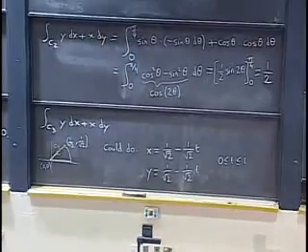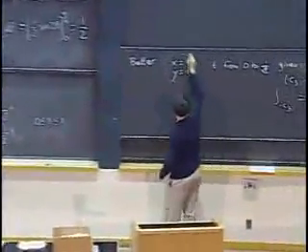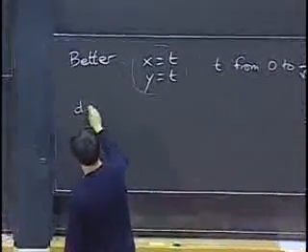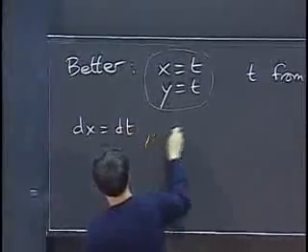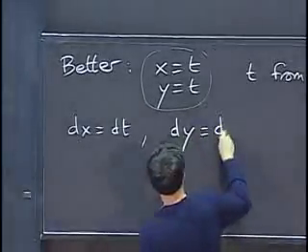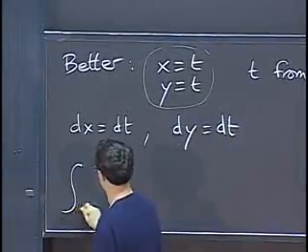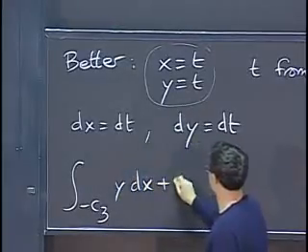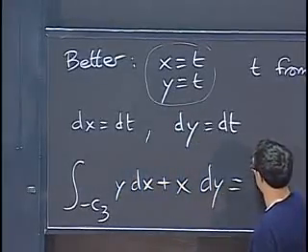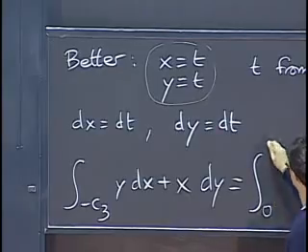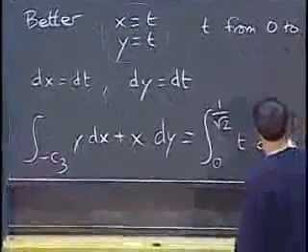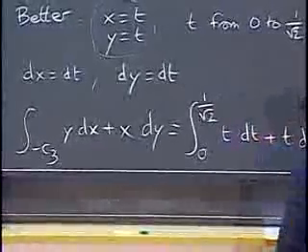Okay, so if we do it with this parameterization, we'll get that, well, of course, dx is dt, dy is dt. So the integral along minus C3 of y dx plus x dy is just the integral from 0 to 1 over root 2 of t dt plus t dt.